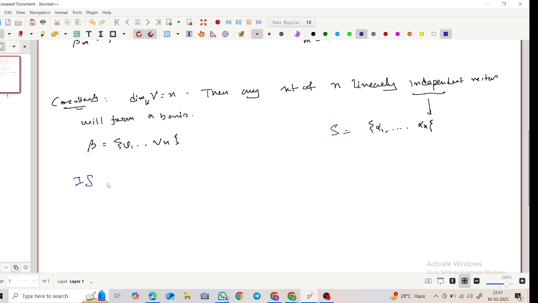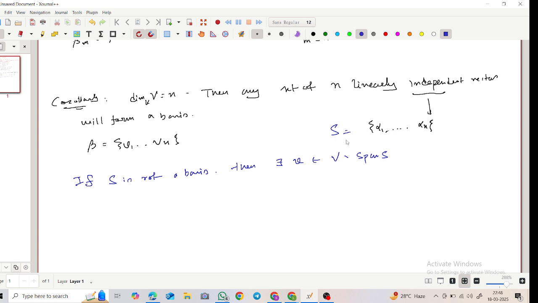So if S is not a basis, then what? There exists V belonging to V minus span S, right? Yes, because span S is a subspace of V, and S is already linearly independent. So if it's not a basis, it fails to span V, right?